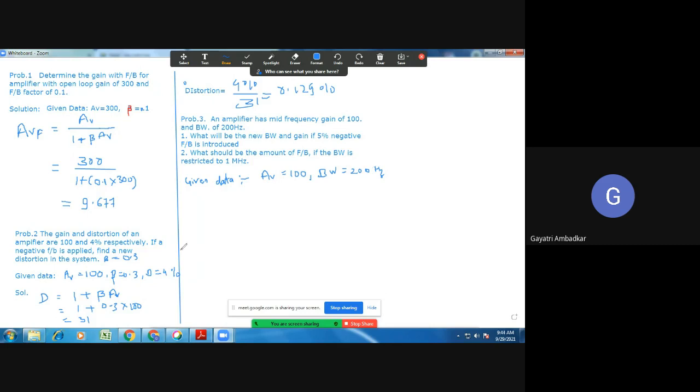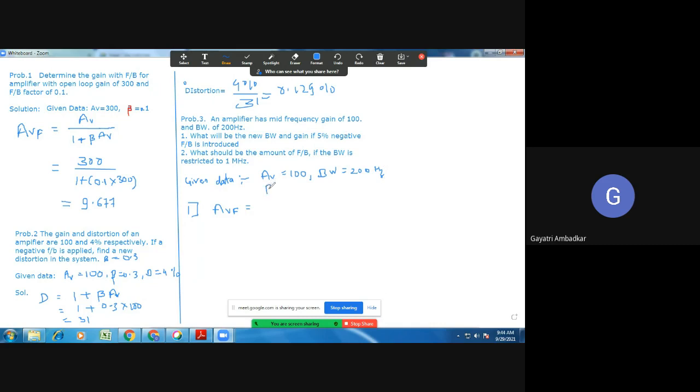Okay. Now what you have to find, what will be the new bandwidth and gain? So you have to find new gain AVF with feedback, because we are applying negative feedback of 5%. 5% negative feedback means you are supplying 5% of the output back to the input. What will be your feedback factor in this case?